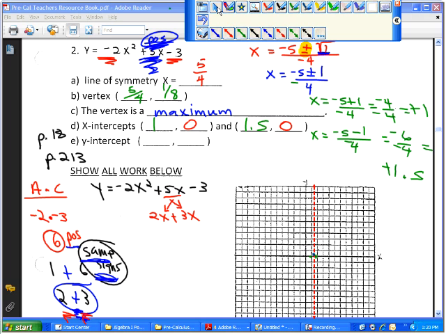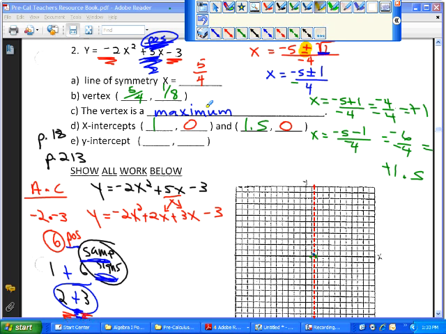We did all of that just to figure out what to split that 5 into. We could have split it into an infinite number of things, but there's only one thing that's going to work for this problem. And so we have y equals negative 2x squared plus 2x plus 3x minus 3.